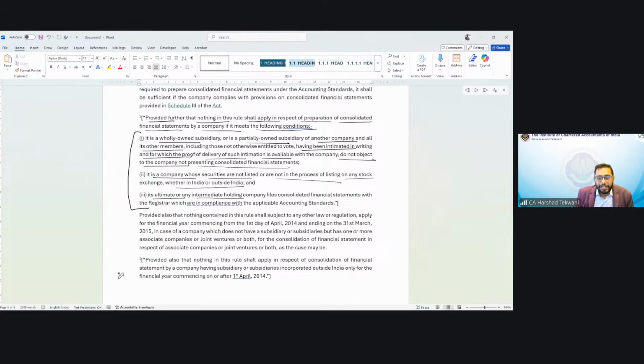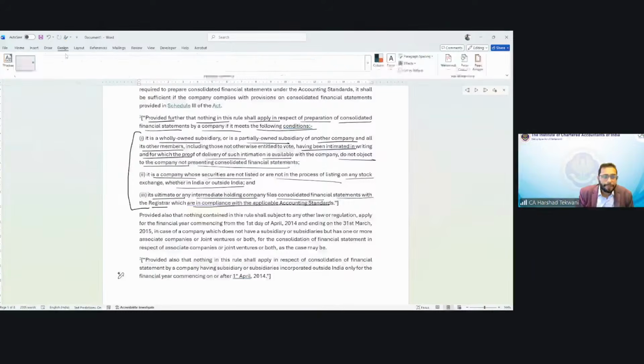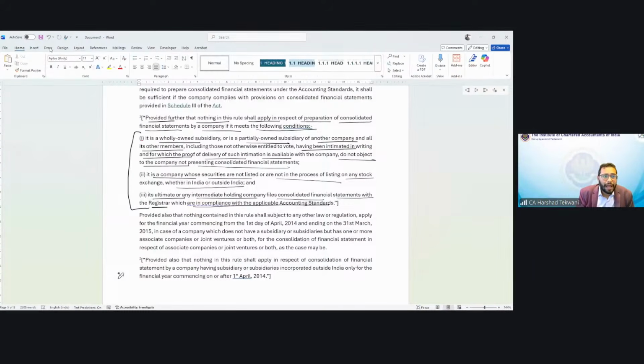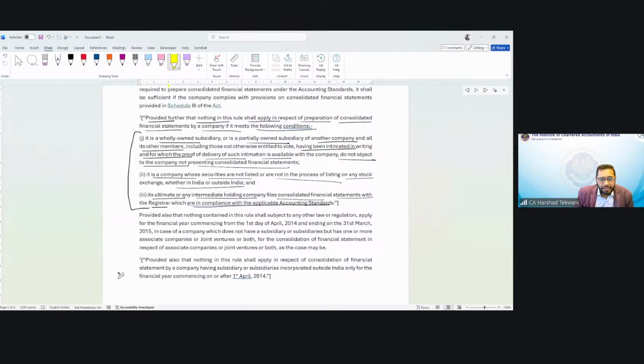Third, its ultimate or intermediate holding company files consolidated statements with the registrar and is in compliance with the applicable accounting standards. Now, this is a very important point. First thing is that they are filing with the registrar and are in compliance with the applicable accounting standards.